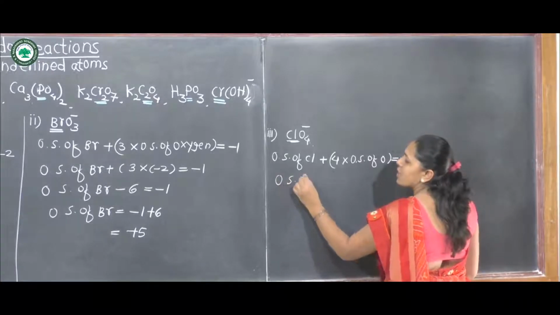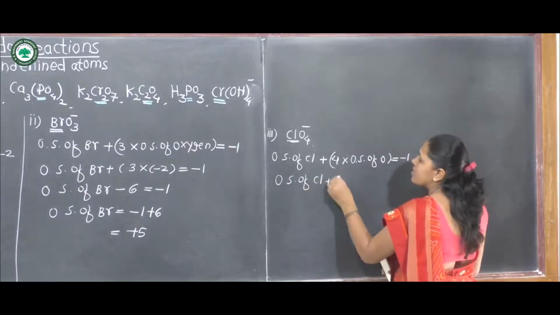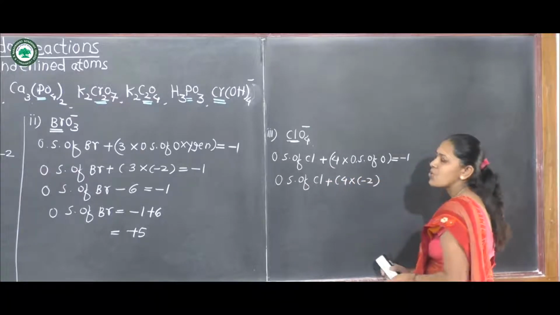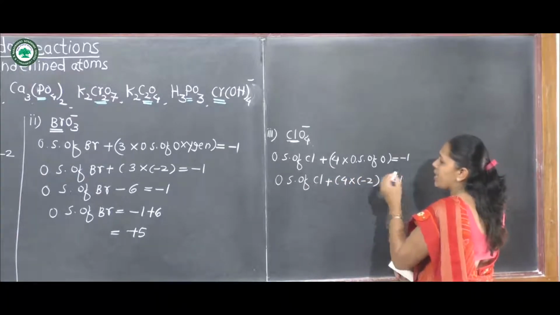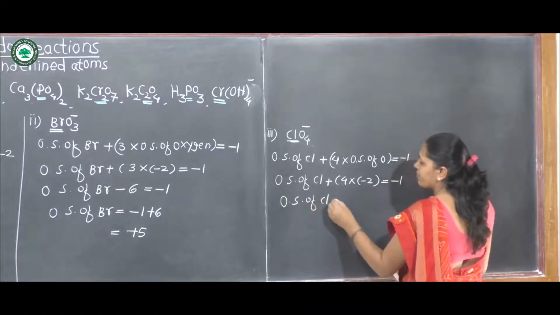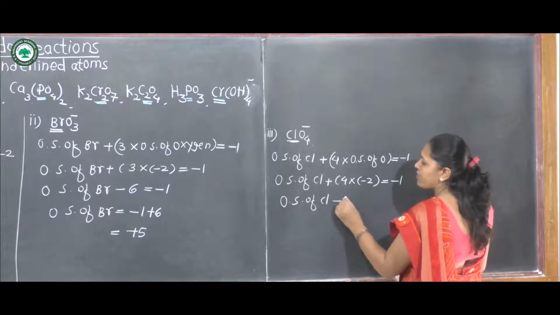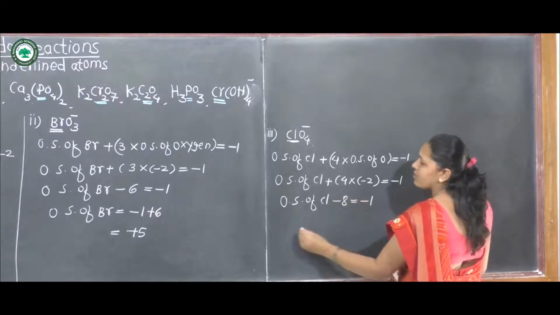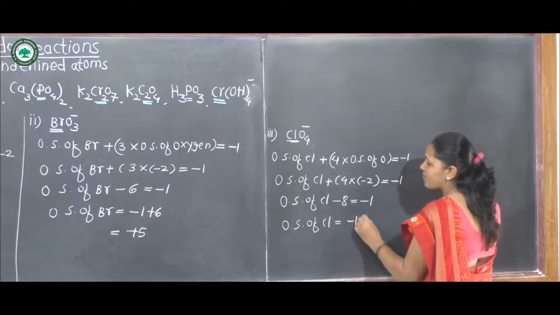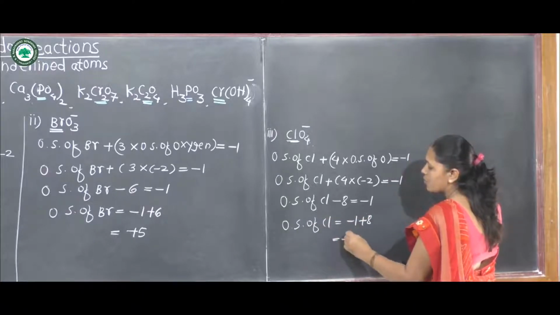Oxidation state of chlorine plus 4 multiplied by -2, because oxygen shows -2 oxidation state, is equal to -1. Oxidation state of chlorine, 4 multiplied by -2 is -8, equal to -1. Therefore the oxidation state of chlorine is equal to -1 plus 8, which is +7.